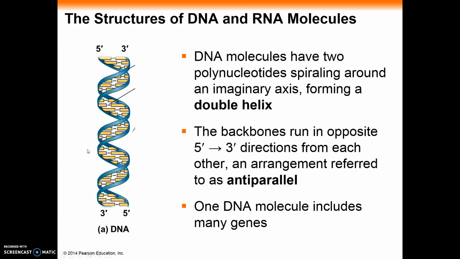Now, we also know that DNA is double-stranded, and it forms this thing called a double helix. So here we can see two strands that are wrapped around each other, and those two strands interact. What you might notice is one strand is in the 5' to 3' direction, and the other strand is in the opposite orientation, so 3' to 5'.